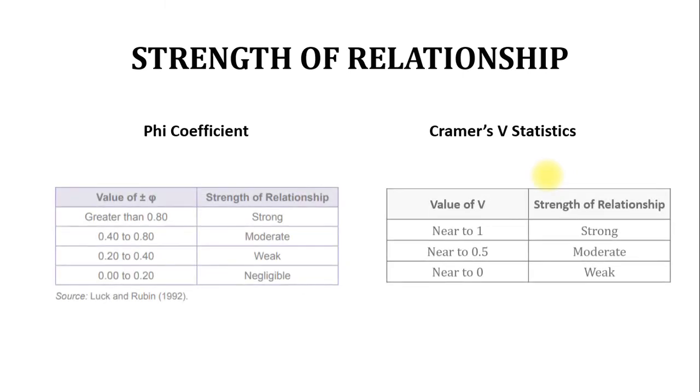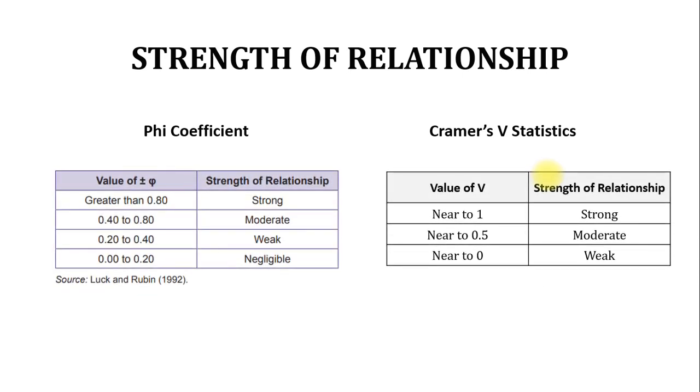Let's see that. We calculate two types of statistics for strength of relationship: the phi coefficient and Cramer's V. If the value of the phi coefficient is greater than 0.8, we call it a strong relationship. If it is 0.4 to 0.8, we call it a moderate relationship.